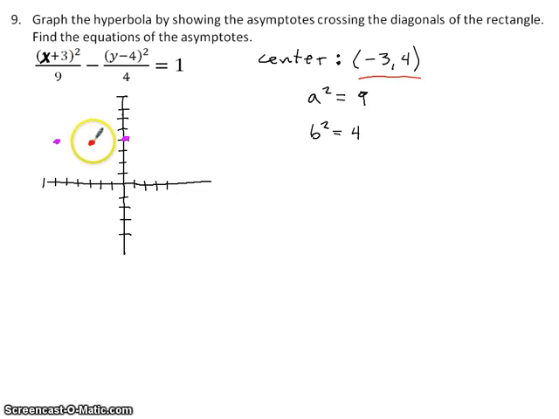And from the center, I'm going to go up 2 and I'm going to go down 2. This gives me the rectangle that will enable me to draw the diagonals that make up the asymptotes.